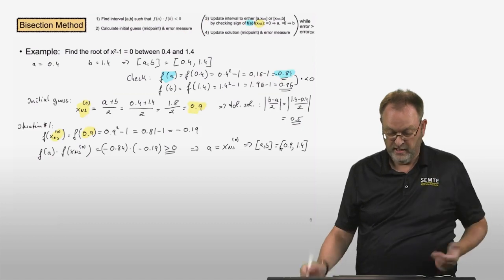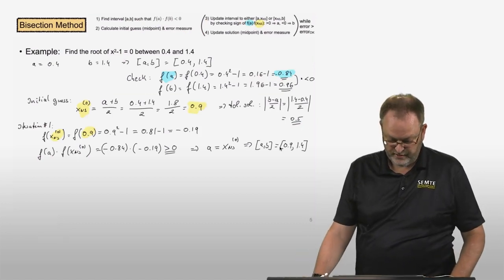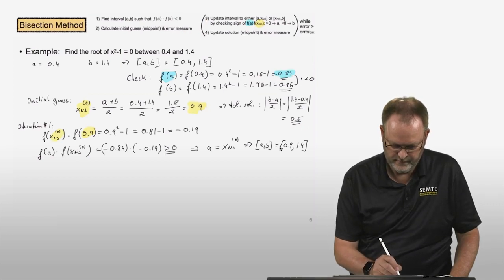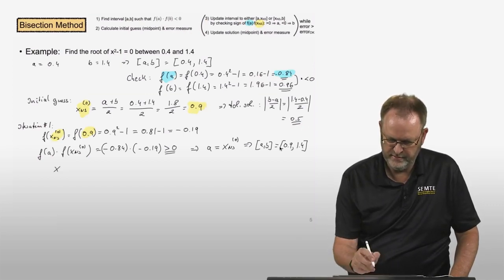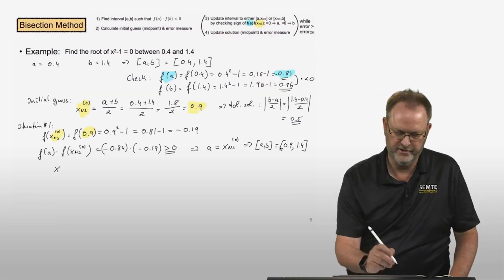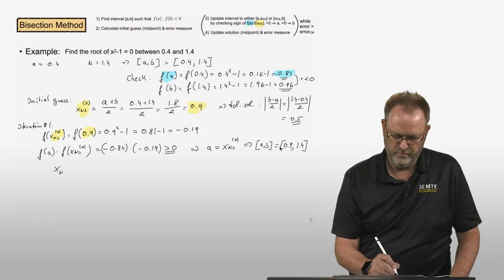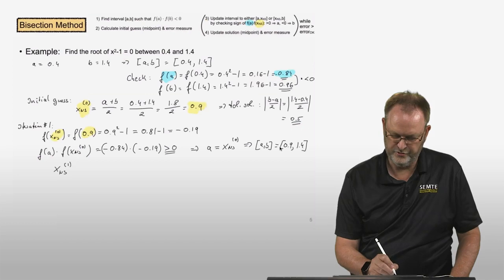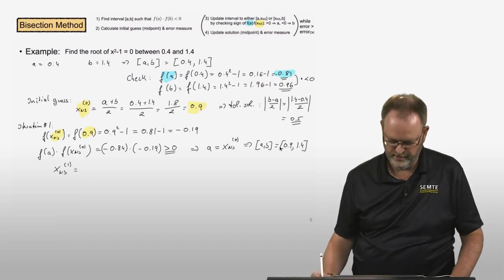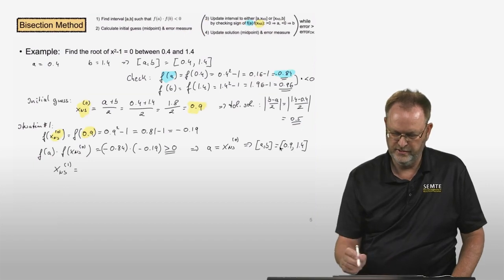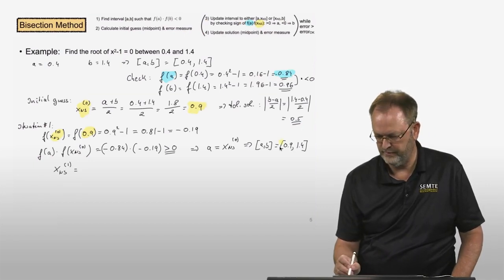Okay, now with this new interval, I can calculate a new numerical solution. Right, that is now here at step number 4, update the solution to the midpoint and calculate the new error measure. So my numerical solution, iteration 1, is equal to the midpoint of this new interval, and the new interval is right over here.